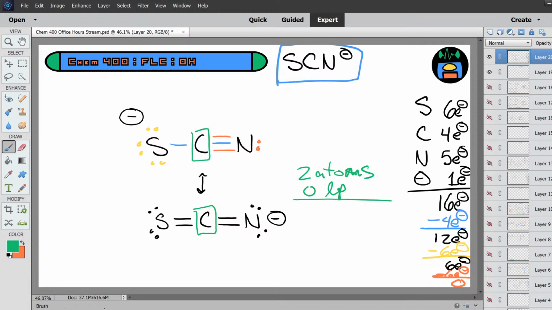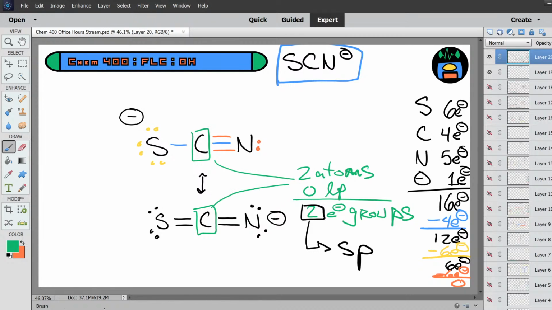So together, they're 2 electron groups. And 2 electron groups means that you need to use 2 orbitals for the hybridization. So it'll be sp.